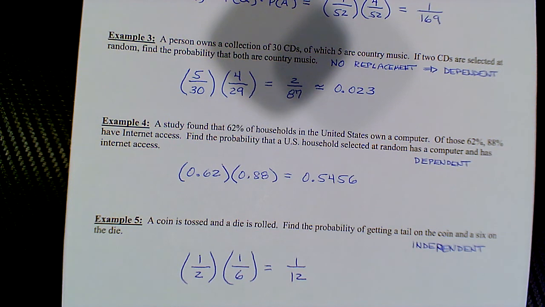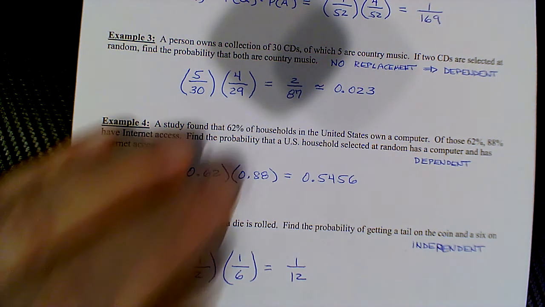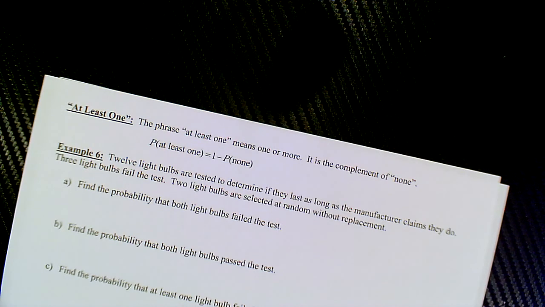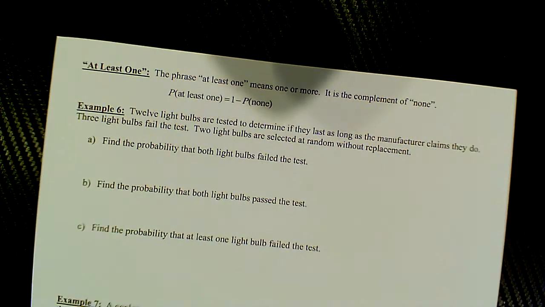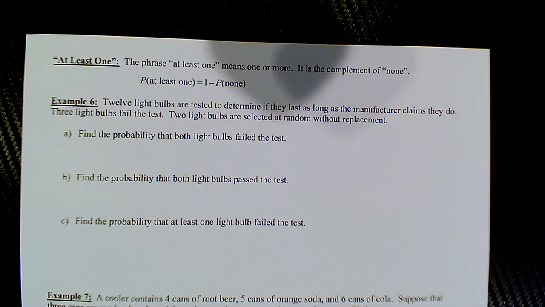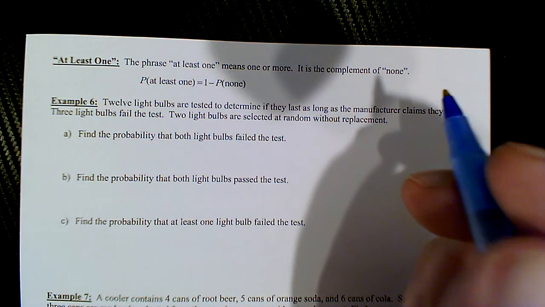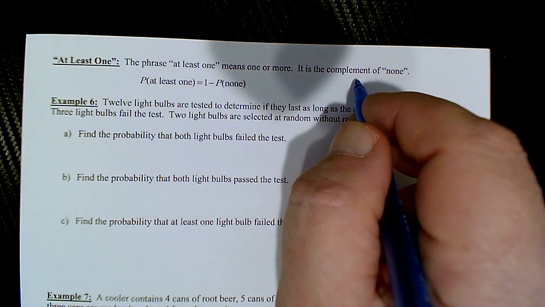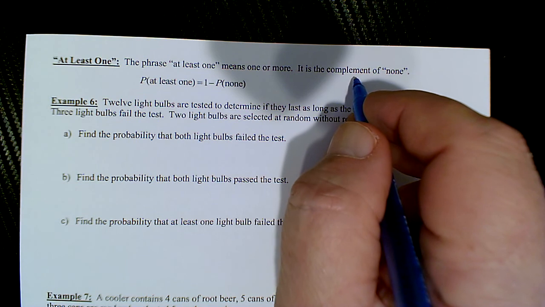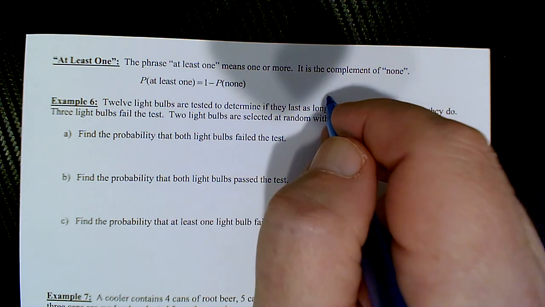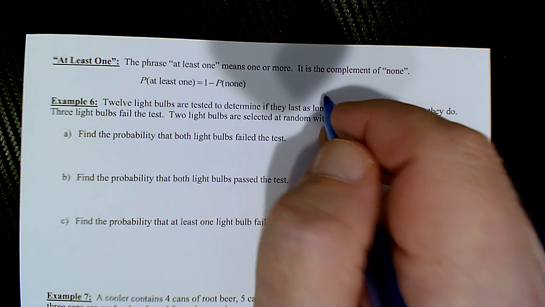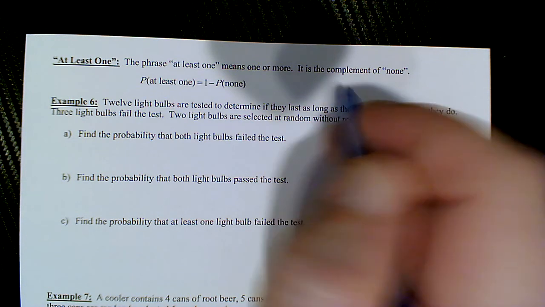Alright, and then the final page for section 3.2. First concept, at least 1, is 1 minus the probability of none. It's the complement. At least 1 is the complement of having none, or having 0.